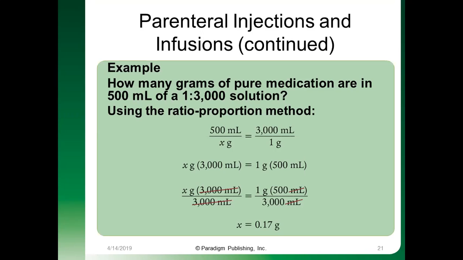Let's set up our ratios in proportion. 500 mLs per X grams is equal to 3,000 milliliters over 1 gram. We're going to cross multiply. X times 3,000 equals 1 gram times 500 mLs. Divide by 3,000 on both sides, and we get 500 divided by 3,000 is equal to 0.4.